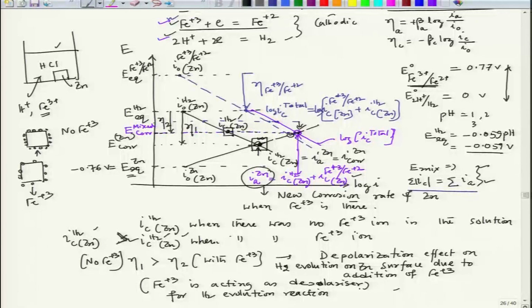So, on this particular issue, let us have a numerical problem. I have chalked down one numerical problem on this. The problem statement is like this.